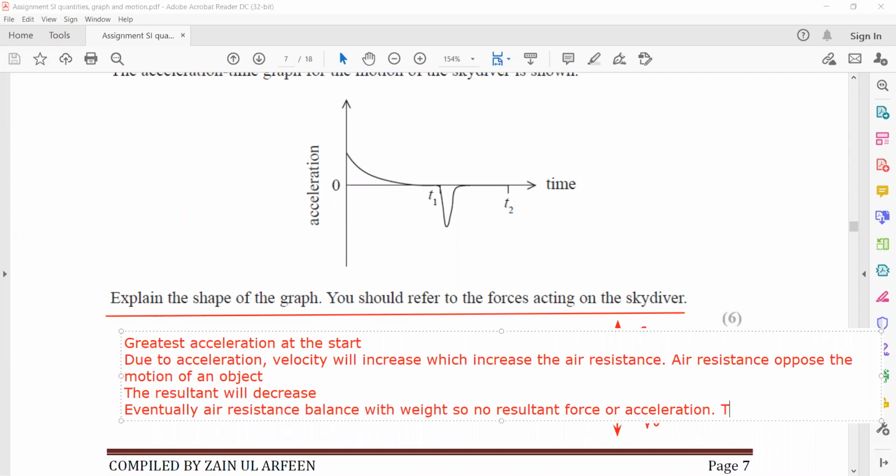The object will continue with constant speed or velocity, which is known as the terminal velocity.